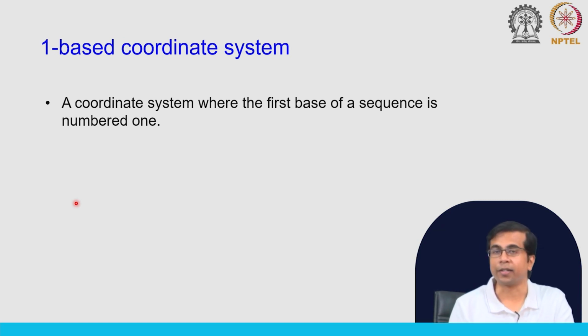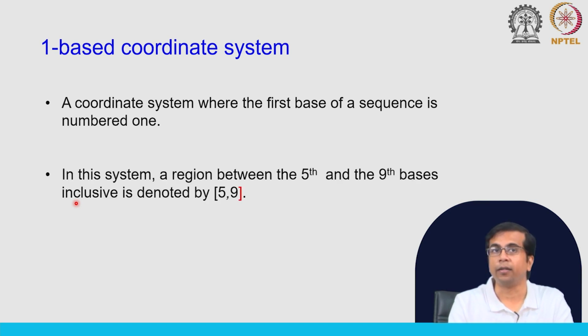So, this is a coordinate system where the first base will be numbered 1, and if you are working with this kind of one based system, it will be denoted by closed brackets. For example, if you have a region between the 5th and 9th base inclusive, this will be denoted by [5,9] with closed brackets. Notice this, because in the case of the 0 based coordinate system, this will not be closed, it will be a different sign.